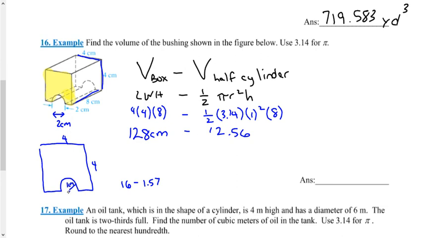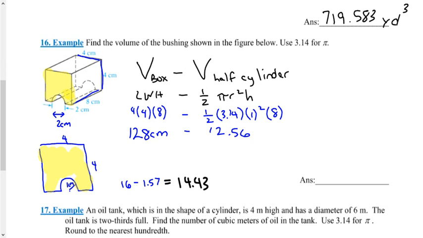The semicircle is pi r squared, and so if r is 1, it'd be pi r squared, 3.14. And then we cut it in half, 1.57. Now in doing this, I ended up getting 14.43. That's the area of this shape right here. And then all I got to do is take that times the height if I were to stand this up.